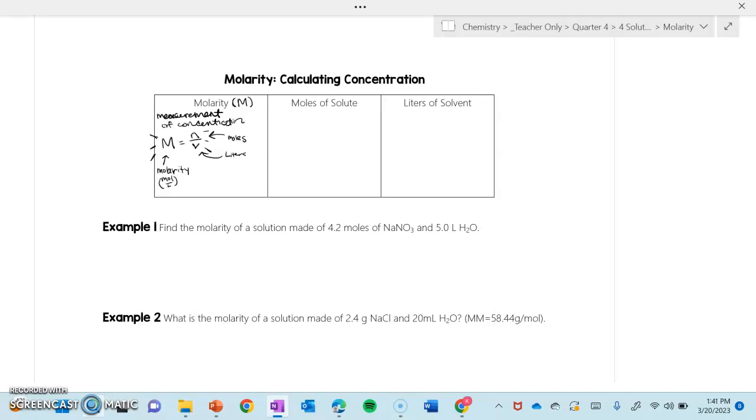Sometimes you might also see molarity written with brackets. If I was finding the molarity of salt, then it might be written like this, NaCl in brackets. That's saying what's the molarity of salt in this solution. So that's another way that you might see molarity written.